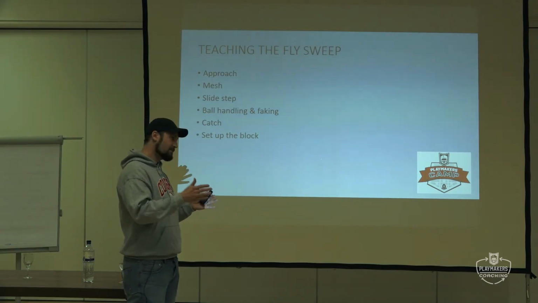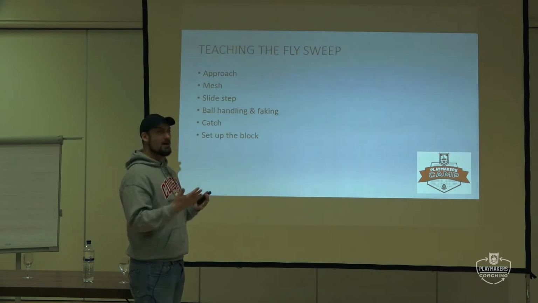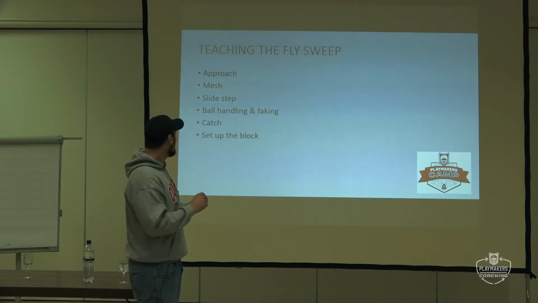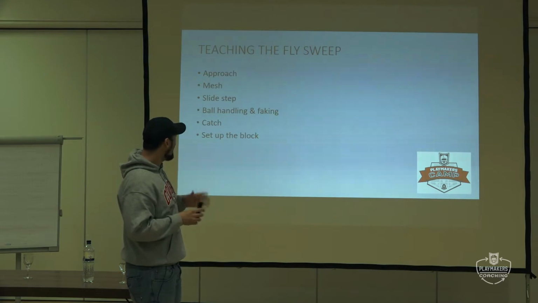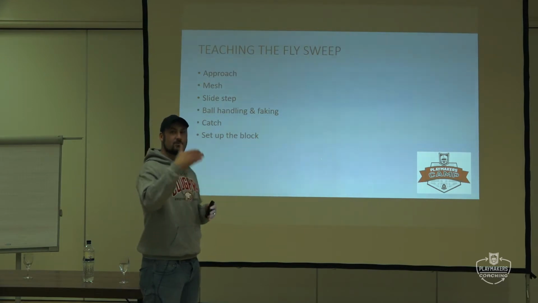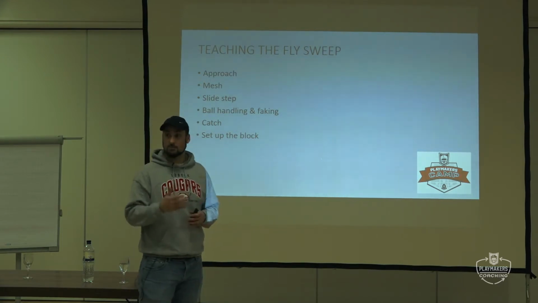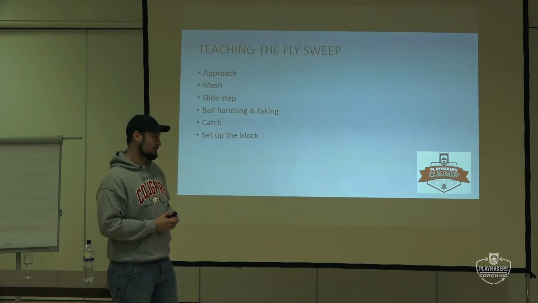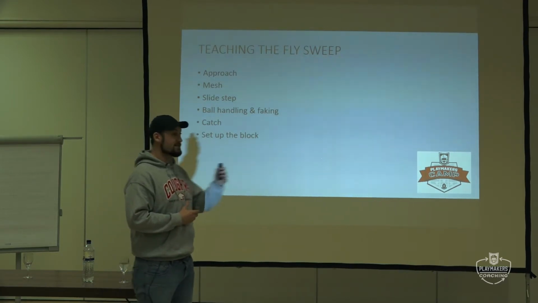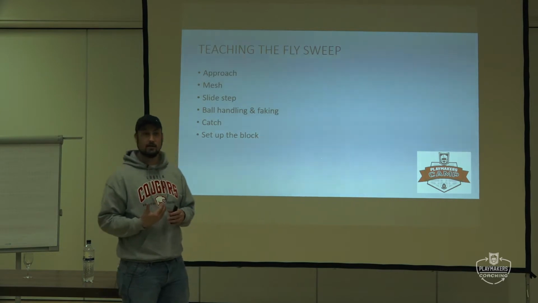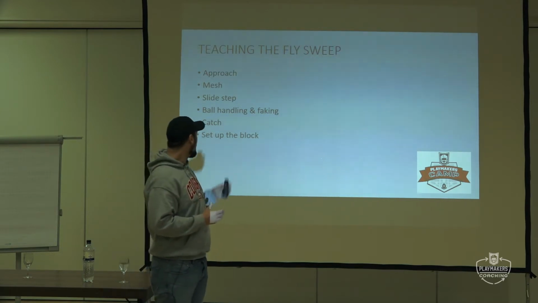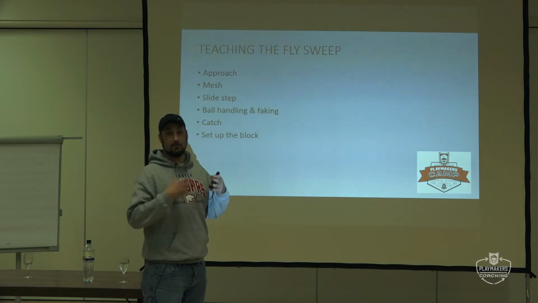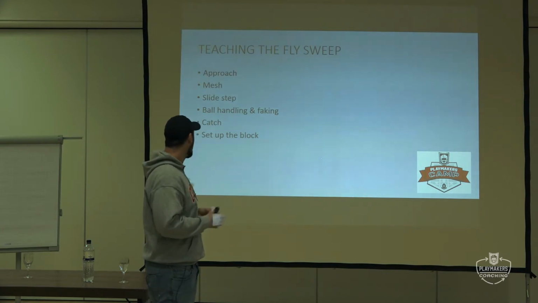The approach is important. The player should build speed during the approach. He should build speed and be not 100% at the quarterback, probably about 85% when he's getting to the mesh point. The mesh point is where the quarterback's at, okay? Whether he's under center or in shotgun, the mesh point is where we're meeting with the ball, either faking or receiving the ball, okay?